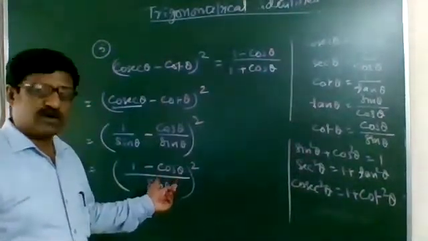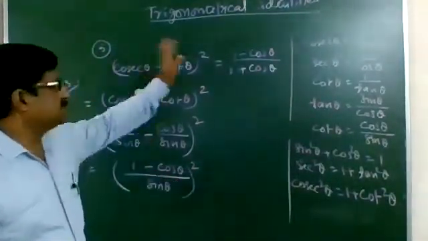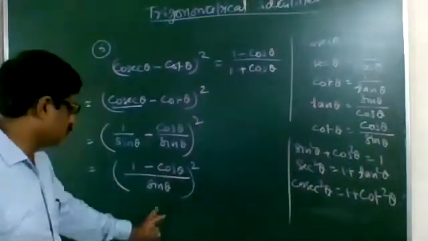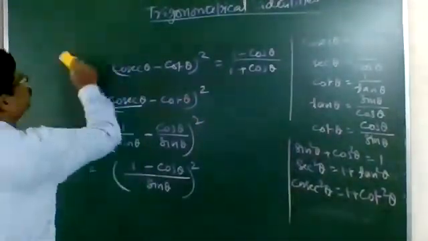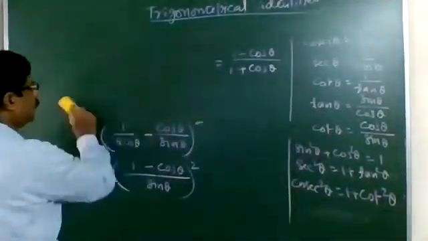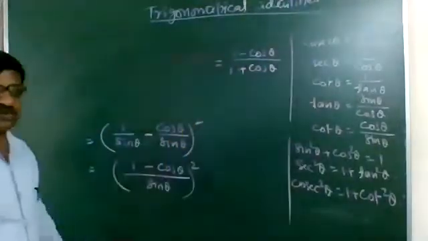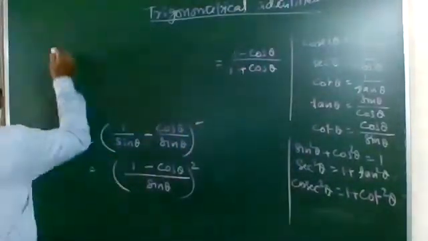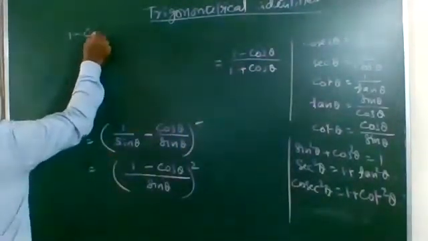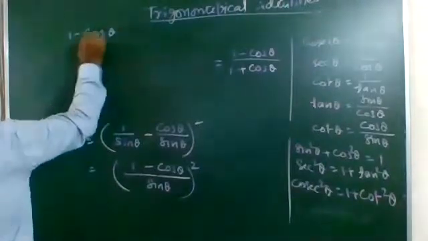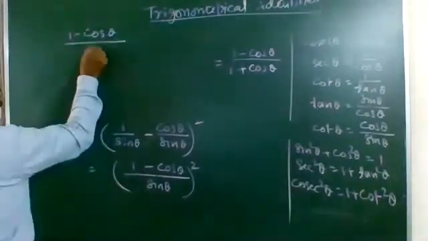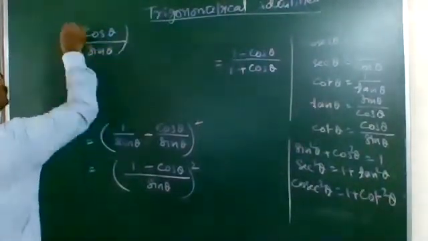Now I'm copying it because I don't have much space, therefore I'm rubbing it and doing the rest of the part from the top. In between, keep in your mind what you want to get on the RHS. We got (1 minus cos theta upon sin theta) whole square.